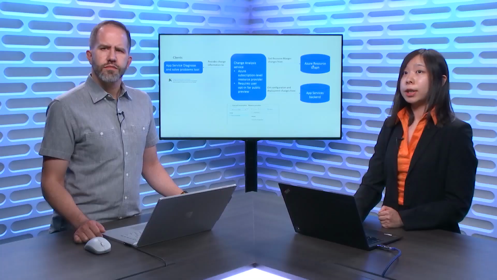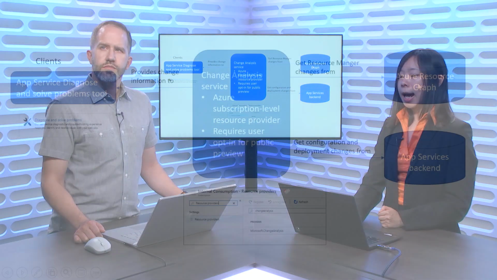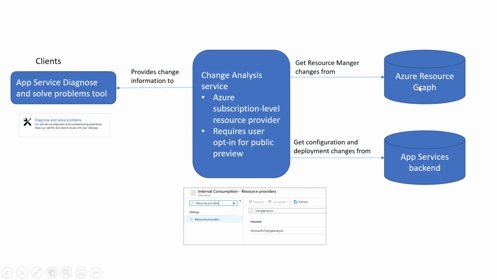We are looking at two different sources for the change data. The first one is Azure Resource Graph. This is a component in Azure where all the Resource Manager changes are stored, and we simply query for the change data from this resource graph to return that information back to the user so they understand what deployment changes were made, the so-called infrastructure level changes.